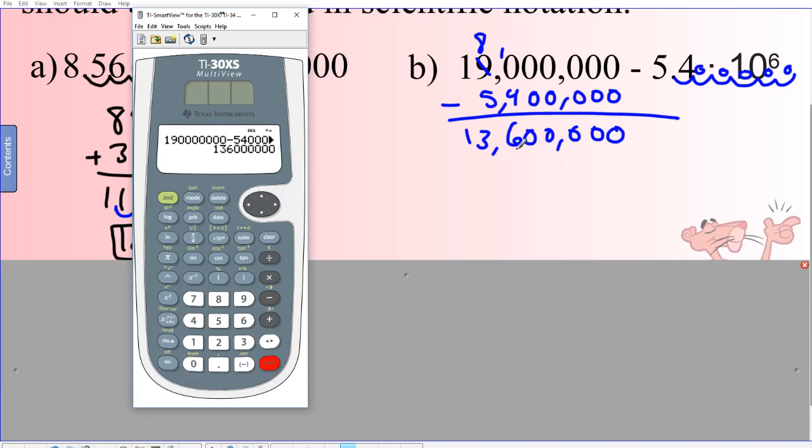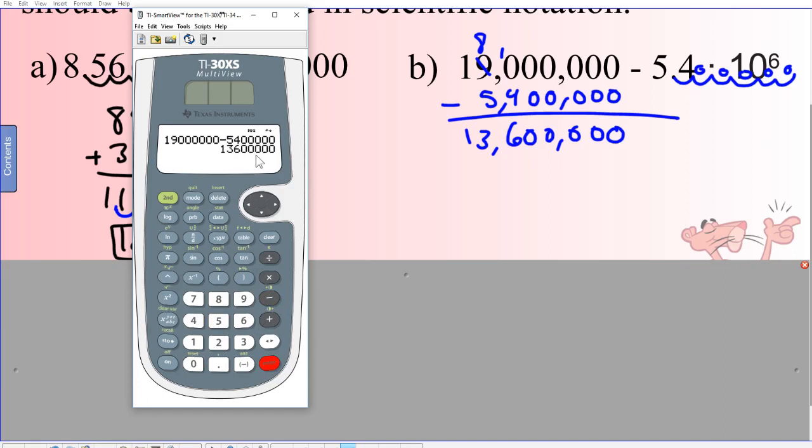So 136 with 6 zeros. Right. 1, 9, 1, 2, 3, 4, 5, 6 minus 5, 4, 1, 2, 3, 4, 5. Oh yeah, 5 zeros.